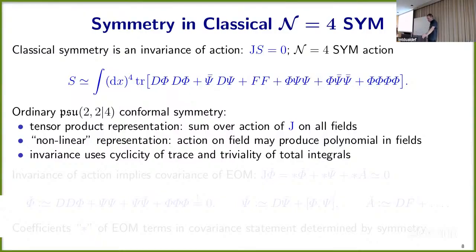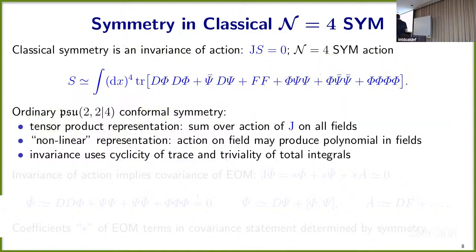So you have the N=4 super Yang-Mills action, and the level 0 symmetry is just a conformal symmetry which acts on this action. I'm only going to sketch the terms in the action here without proper coefficients.